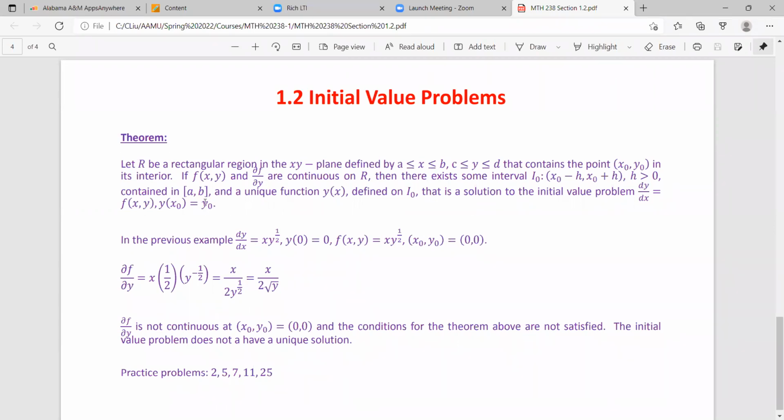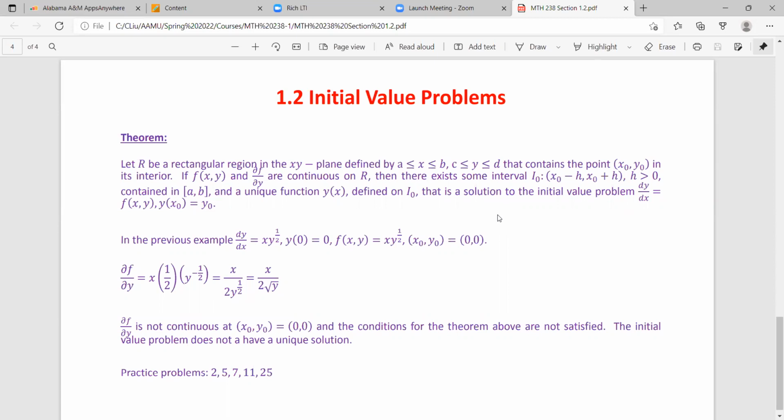And it really doesn't matter what this value y0 is. Any value y0 you put for y at x0, it always has a unique solution. So the first order differential equation always has a unique solution if this condition is satisfied.